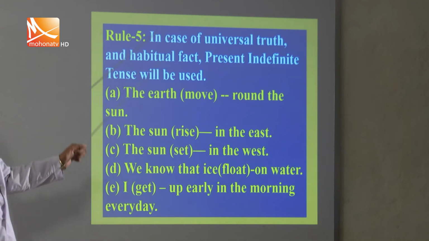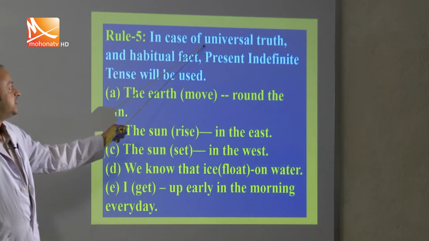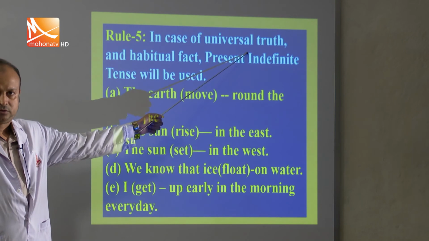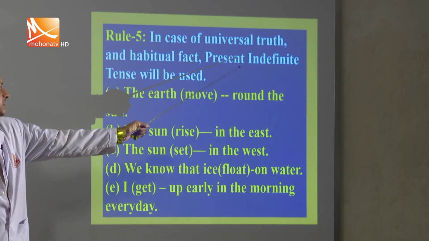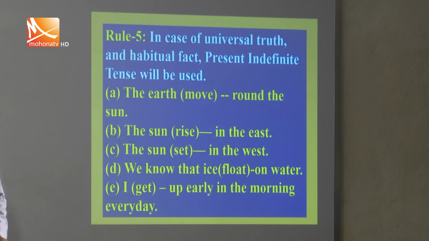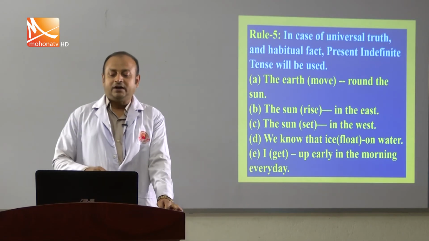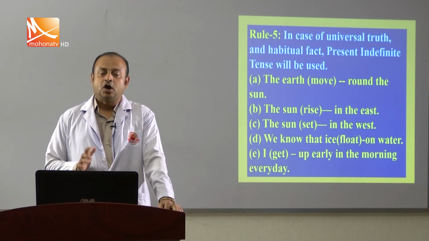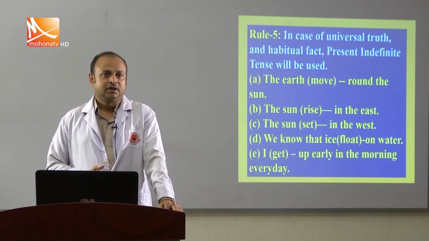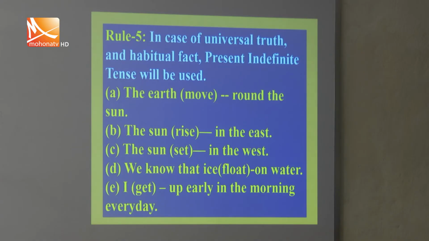So, let us see our next rules. In case of universal truth and habitual fact, present indefinite tense will be used. So, you know what is universal truth? The sentence of universal truth cannot be changed anyway.